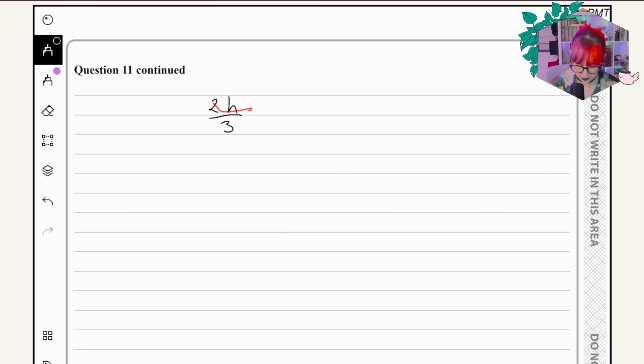So 2 over 3 h to the 3 over 2 is equal to lambda t plus 1.152. And then I believe the only thing left to do is find lambda. So we plug in t equals 8, for which h is 3.24.